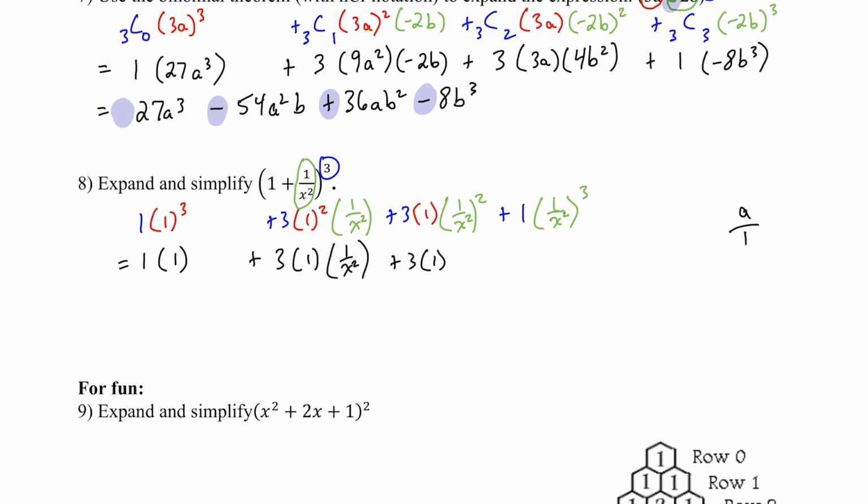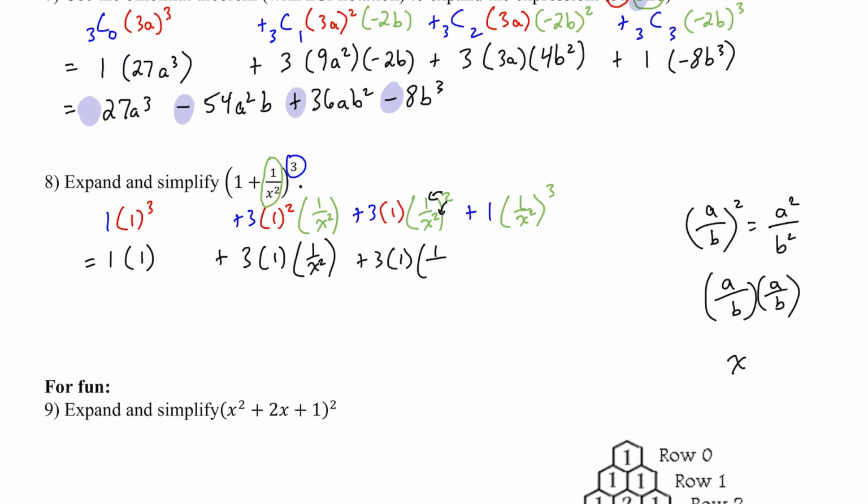Just a little review here. If you have a over b and you square it, what you have is a squared over b squared. And that's because a over b squared just means a over b times a over b, which means we're just multiplying the numerators and multiplying the denominators. So 1 over x squared squared is equal to 1 squared, which is 1, over x squared to the power of 2, and here's another rule, if you have x to the power of a to the power of b, we actually multiply the exponents, so it's a times b.